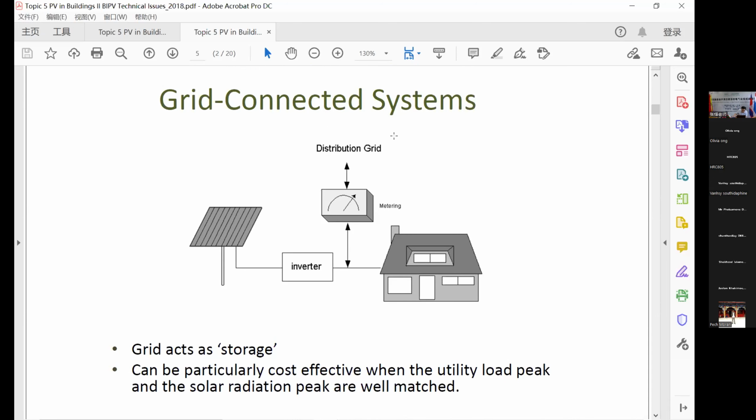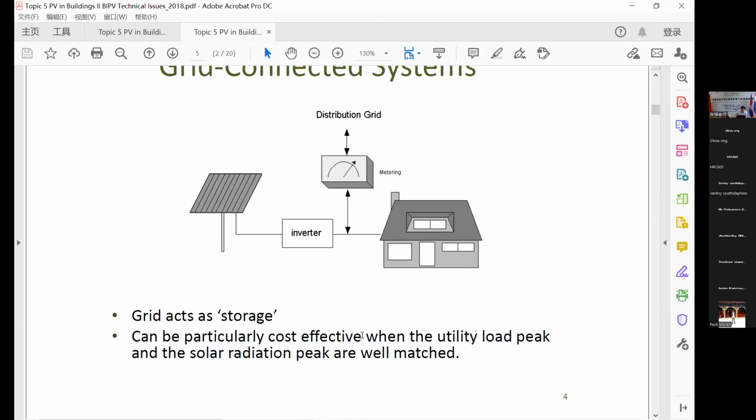And the second advantage of the grid connected system is that it can be particularly cost effective when the utility load peak and the solar radiation peak are well matched. This is our condition. When it is matched, then it is particularly cost effective.